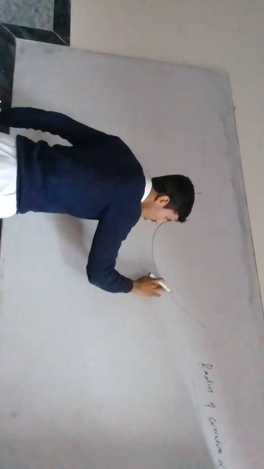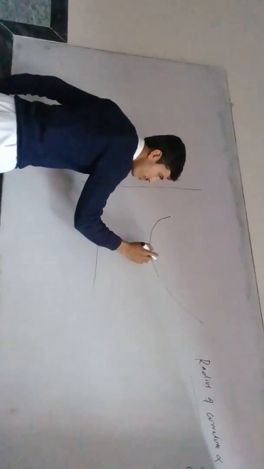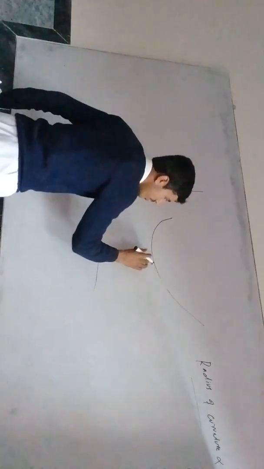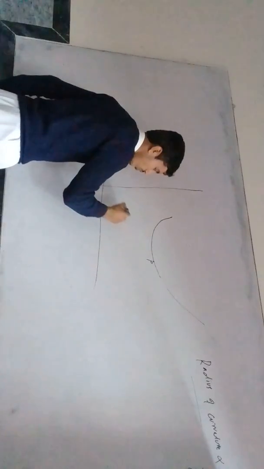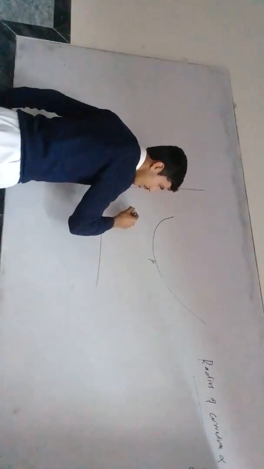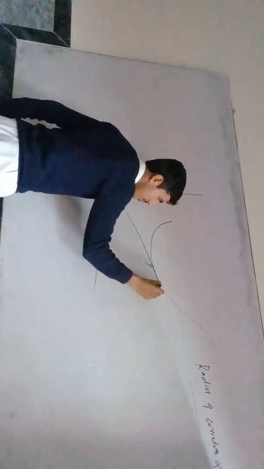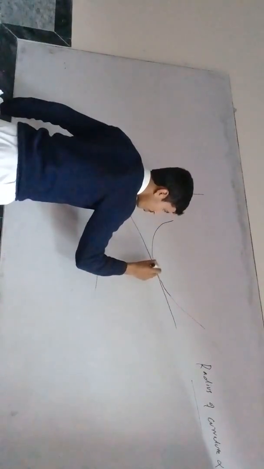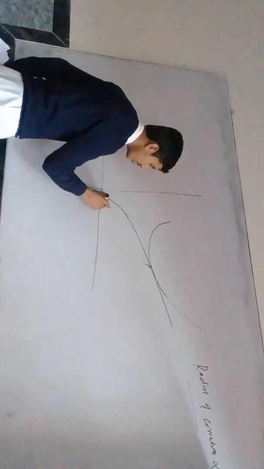Now, for example, let me take a point P here and draw a tangent line to this point. By drawing the tangent line, this tangent line will make an angle theta, or you can say psi.